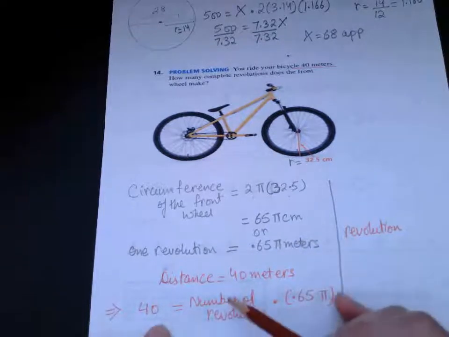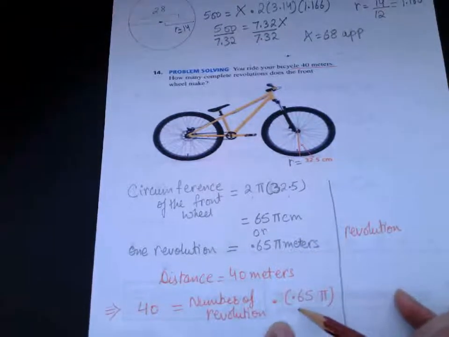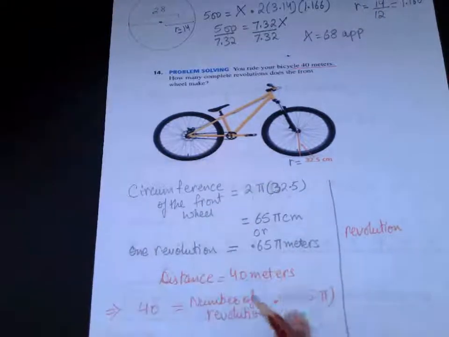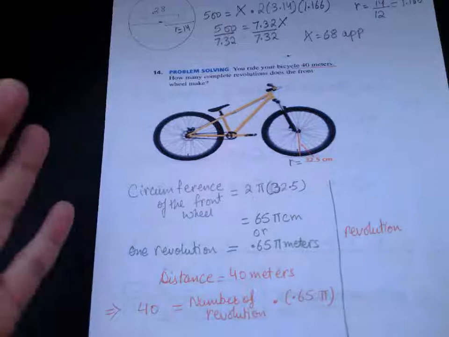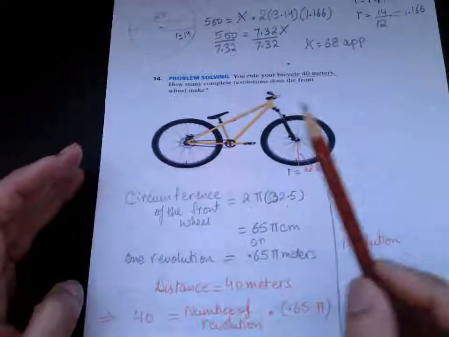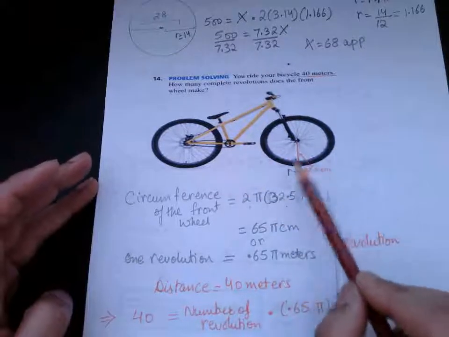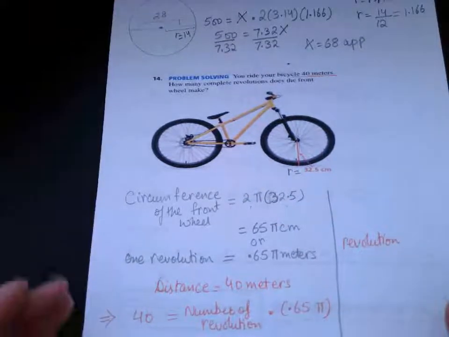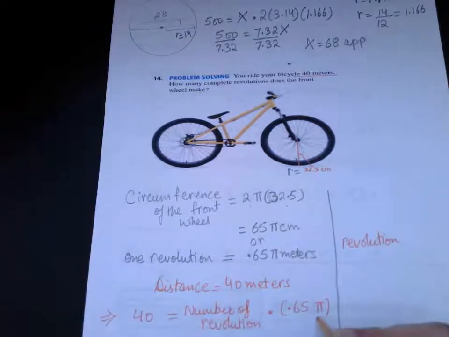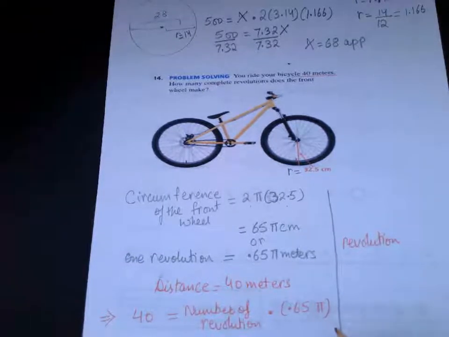Distance is 40, number of revolutions, times 0.65 pi. That is for one circle. I need to find out what is the total number of rounds that the front tire took. Let's plug in these values. 0.65 times pi.